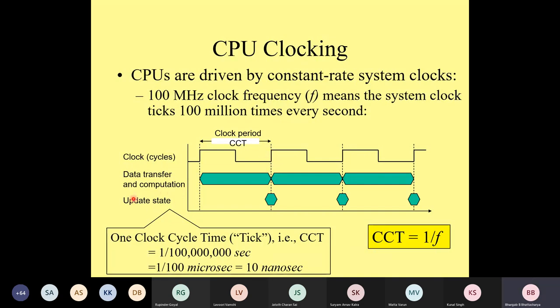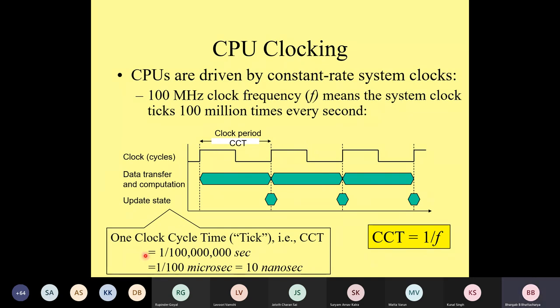That means the flip-flops are updated only at this time, and that is necessary so that everything works in a synchronous way, in order to avoid chaos in the system. Data transfer and computation are performed in this period, and it is updated here, right?